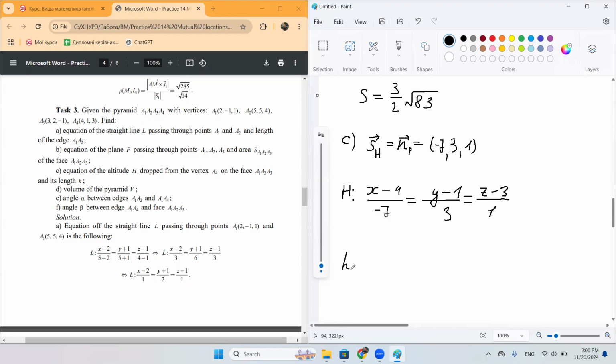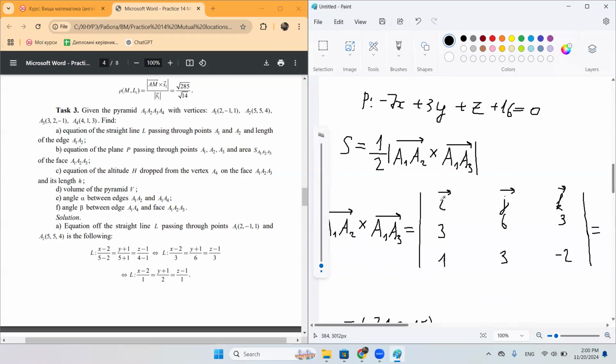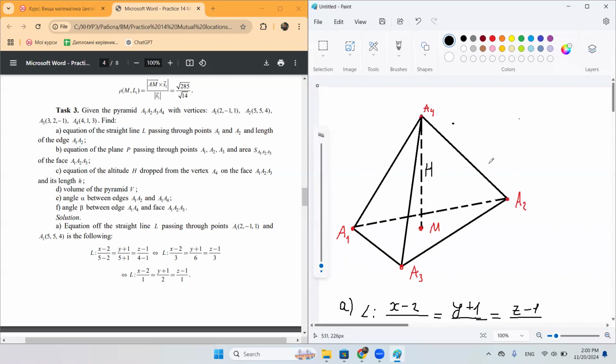And how to find the height, the magnitude, so the length of this altitude? Any ideas? Your suggestions? Really, no suggestions?